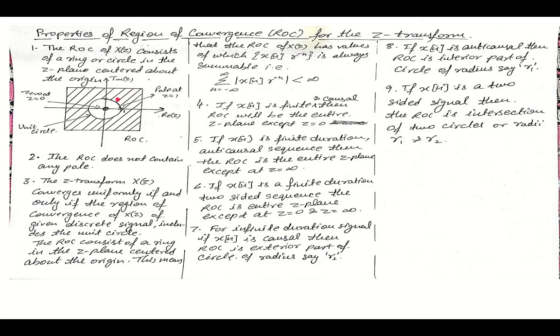If we have an ROC like this, it reflects that the summation, n equal to minus infinity to plus infinity, of mod of x(n) times r to the power minus n, is summable. That is, the value is less than infinity.